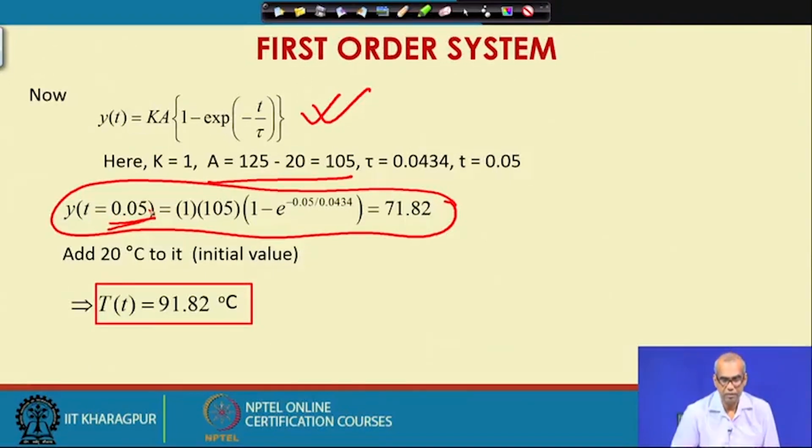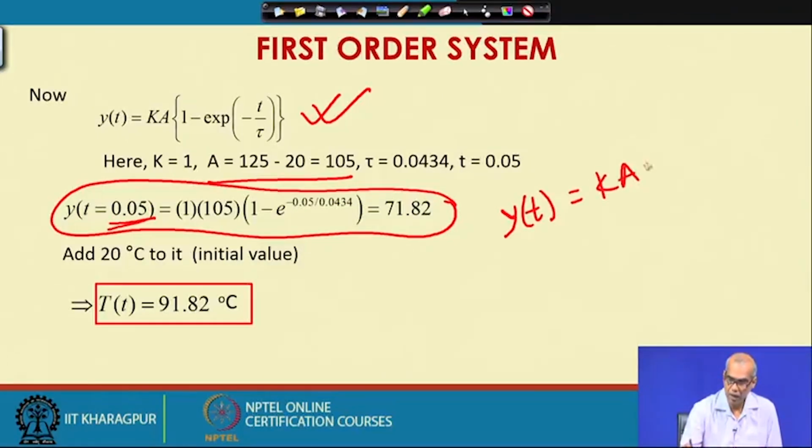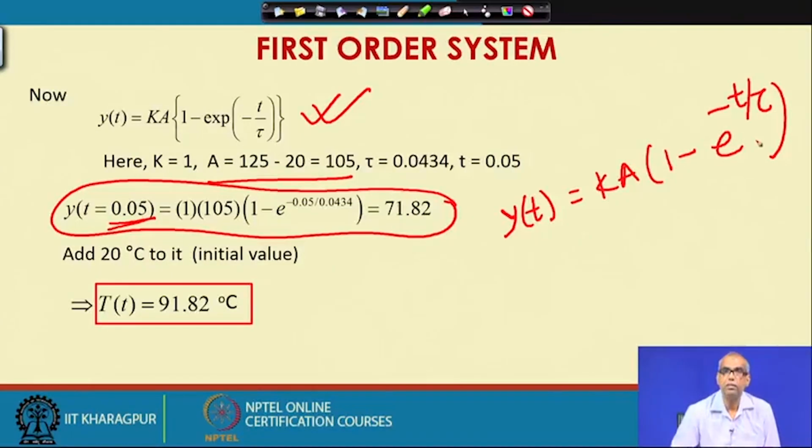Here you need to understand one more thing. When this equation y t equal to k a 1 minus e to the power minus t by tau was derived by taking Laplace transformation and then inverse Laplace transformation, it was assumed that y 0 is 0.